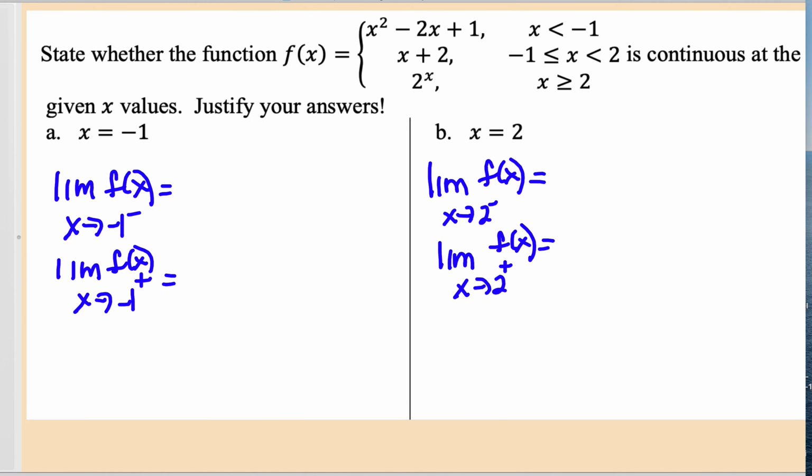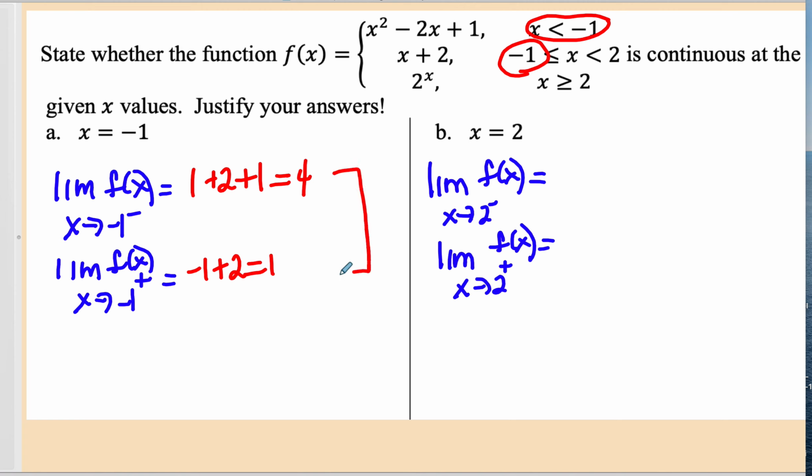State whether f of x is continuous at these x values. So at x equal to negative 1 from the left means that we're going to be using this formula, and that'll be 1 plus 2 plus 1, and that limit is 4. We're going to do it from the right hand side, and that'll be negative 1 plus 2, which is equal to 1.